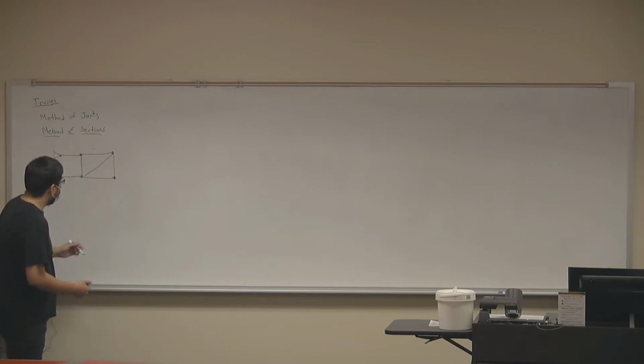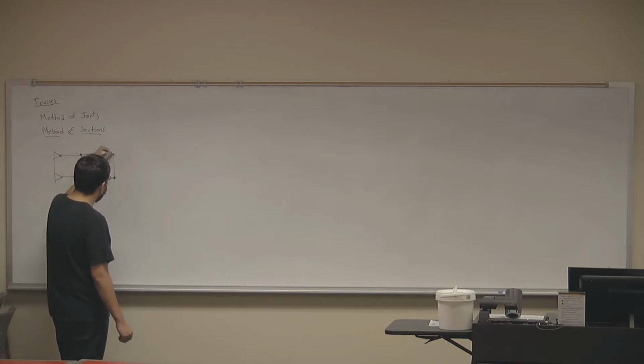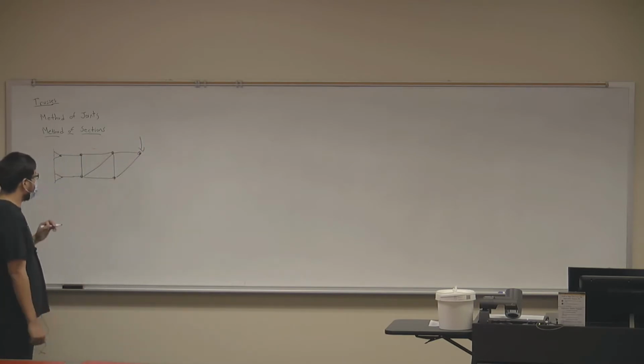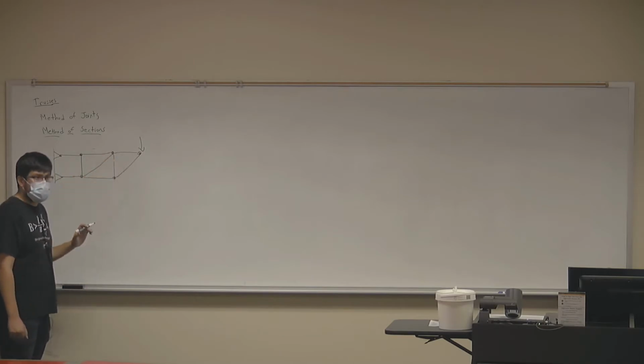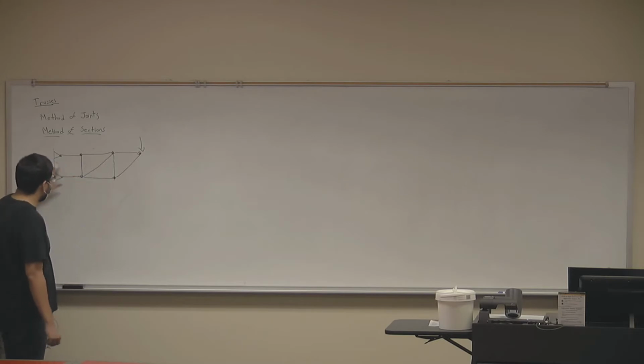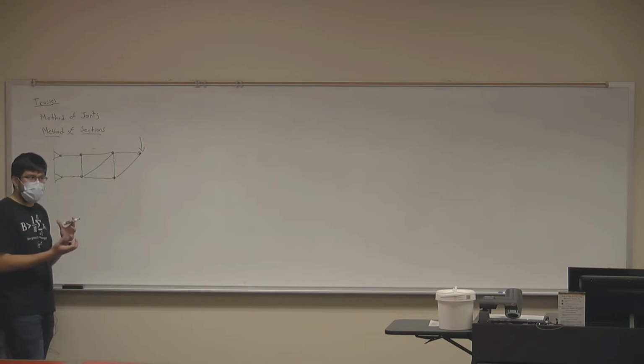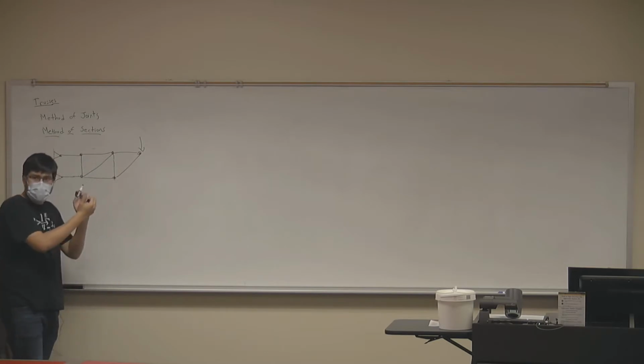For example, if you're looking at this system and experiences a force here, and I were to ask you perhaps to calculate forces, let's say in these 3 bars, then it's not really necessary to calculate the forces in every single joint. If you're using the method of joints, then you have to. But we're going to introduce a new method that's going to help simplify our calculations so that we can reduce or break down our system only into the part that we need to analyze. And that's the method of sections.